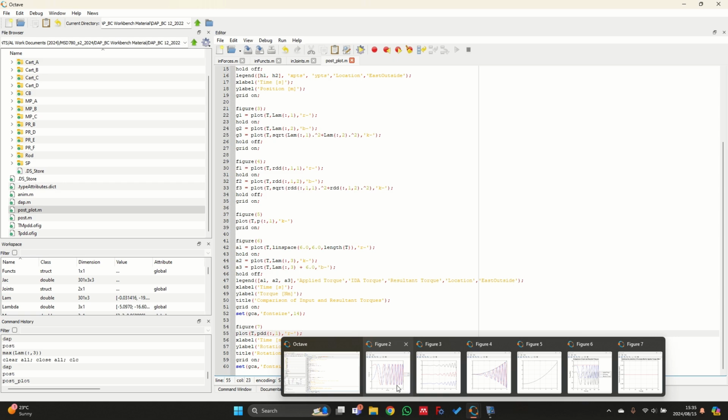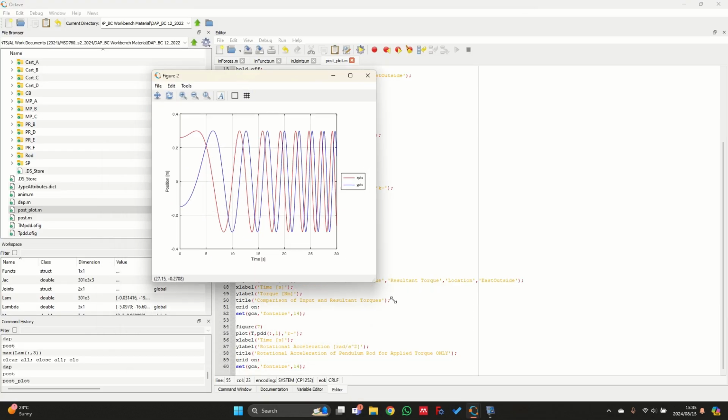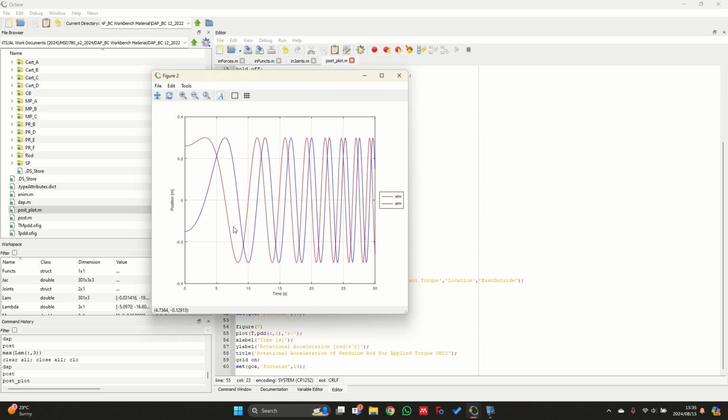Then for figure 2 as well, these are just the X and Y coordinates with respect to time. And since we have acceleration, we expect this oscillatory motion to cause the frequency to increase, and thus the period of these oscillations to decrease. That gives us an indicator that we are actually working with an accelerative system.